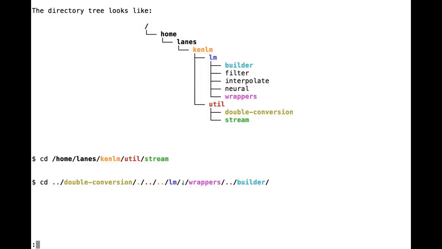And because dot, which we see here in blue, refers to the current directory, ../double conversion/../../lm/. refers also to lm.